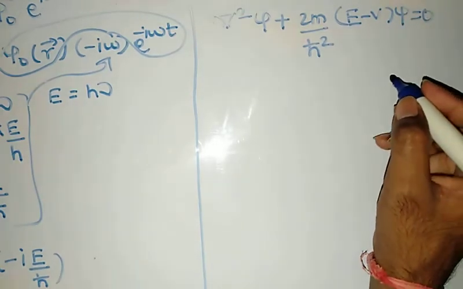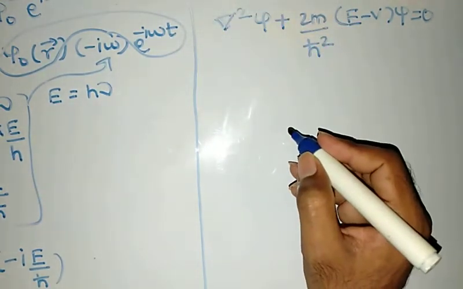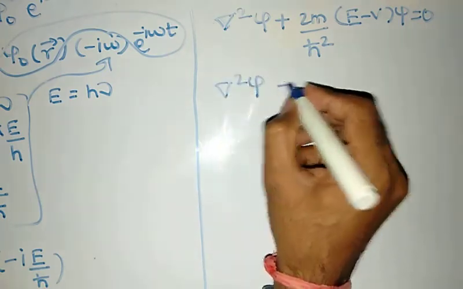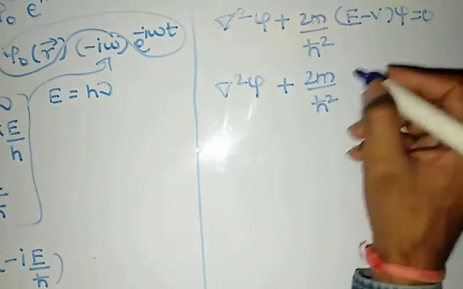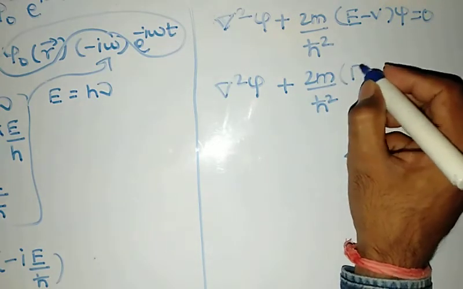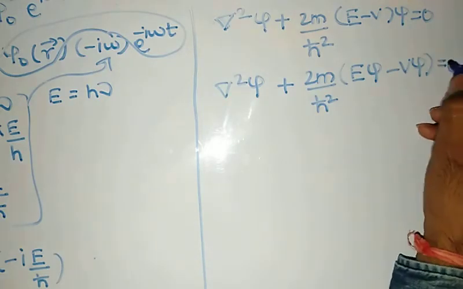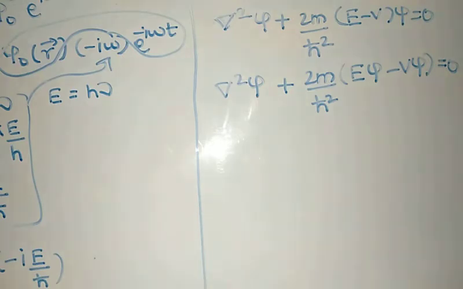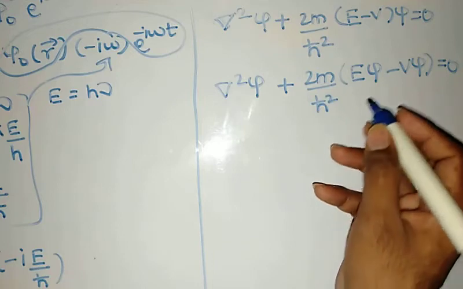This is the Schrodinger time independent wave equation. We have proved it. So now del square psi plus 2m upon h cut square, we can write this as (E psi minus V psi) is equal to 0. We have found E psi as i h cut deva psi by deva t, so we just put it here.